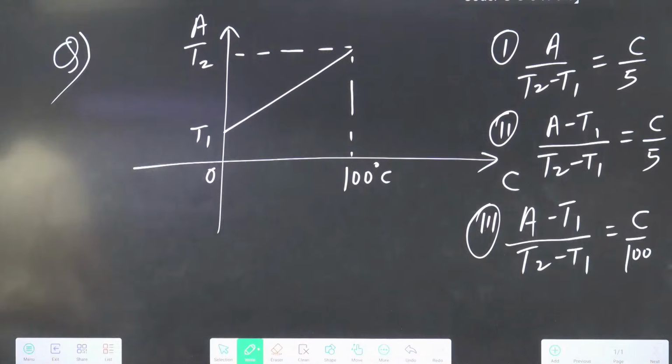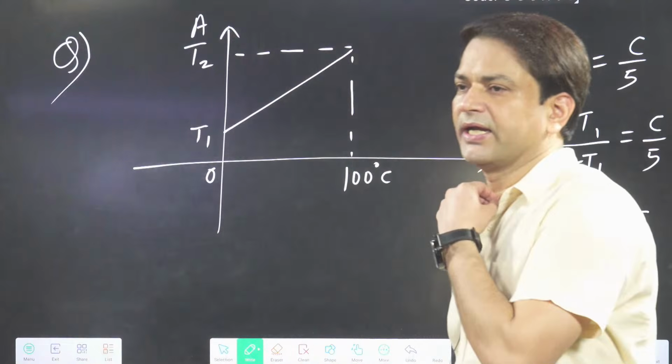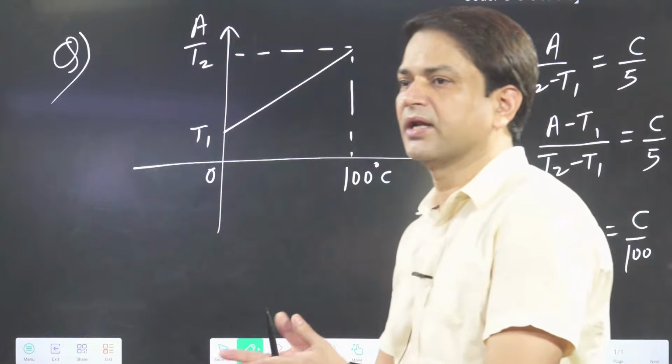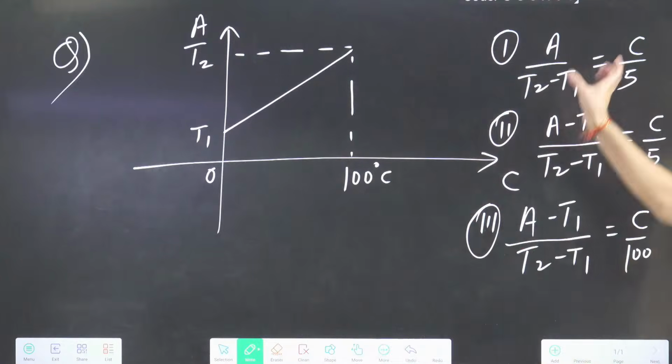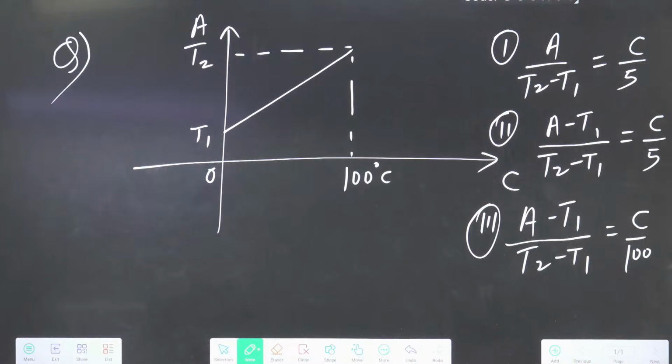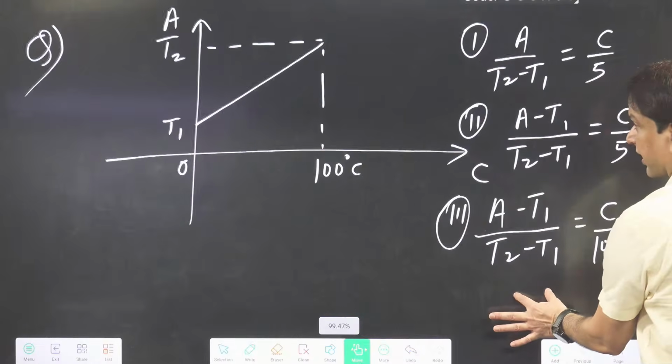Here I gave the graph between any thermometer scale A and the degree C. Then I'm asking what is the relation between the reading of A and C, and the options I have given are like A upon T2 minus T1 is equal to C by 5, A minus T1 upon T2 minus T1, like that. Which option is correct?